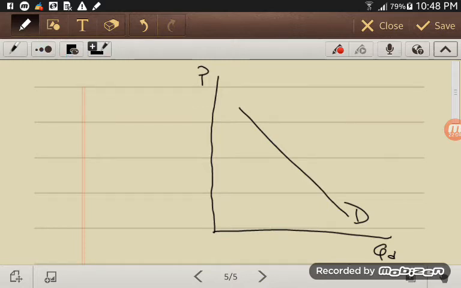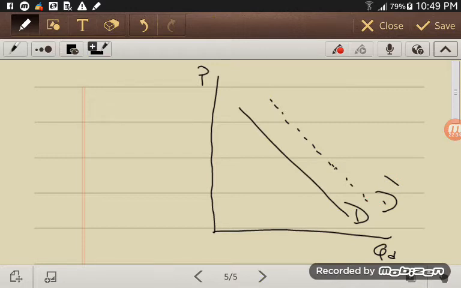Demand will increase means that the demand curve is going to shift to the right, so we are going to have a new line parallel to the original one. If the demand is going to increase, it shifts to the right. If it's going to decrease, the demand curve will shift to the left.